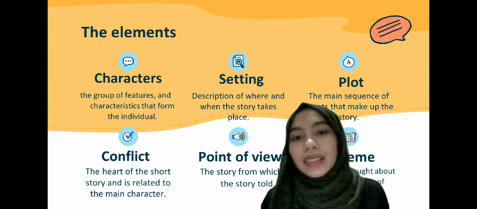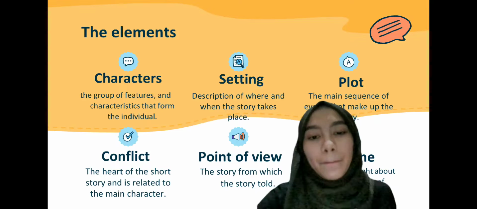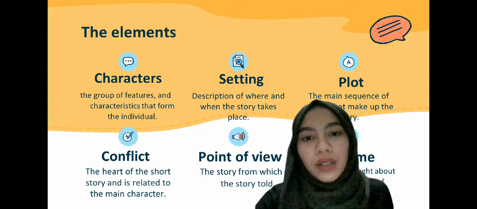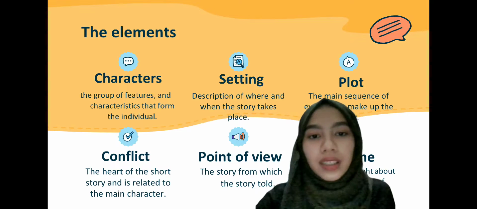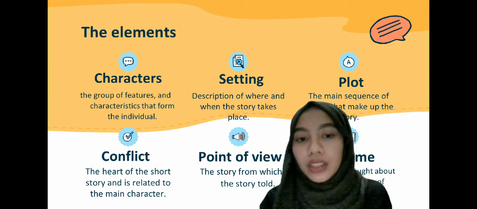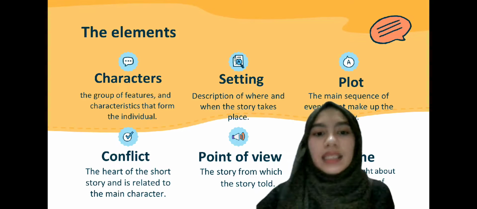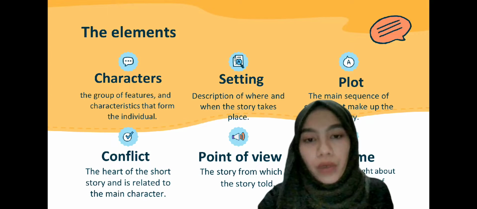And environmental settings are the geographical location of a story. And last, individual settings are the specific personal locations within stories. The settings are often fictional, even if the temporal and environmental settings are real.